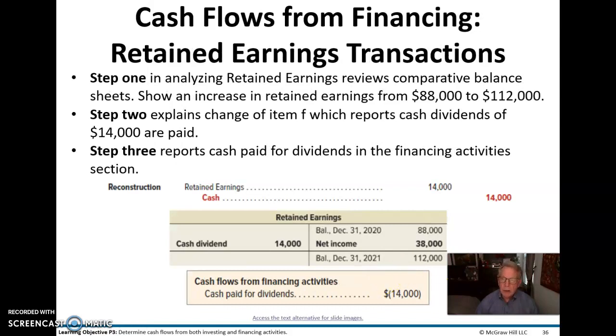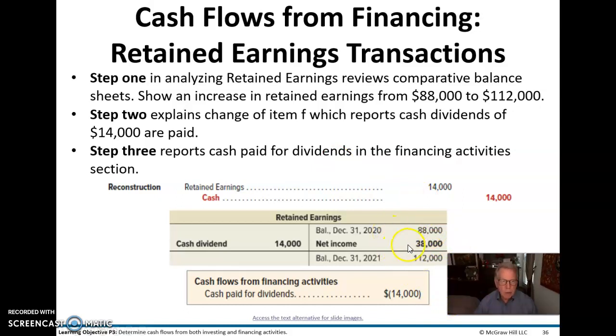Okay, retained earnings. Retained earnings goes up from 88,000 to 112,000. So what that means is that we have to explain that. It goes up from our beginning balance of 88,000.